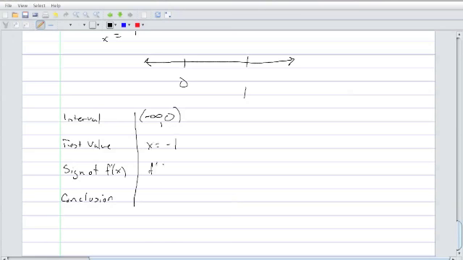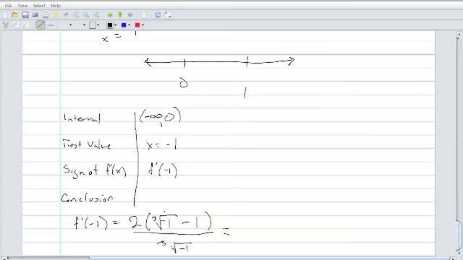So if we look at the sign of f prime of negative 1, f prime of negative 1 is going to be 2 times negative the cube root of negative 1 minus 1, divided by the cube root of negative 1.